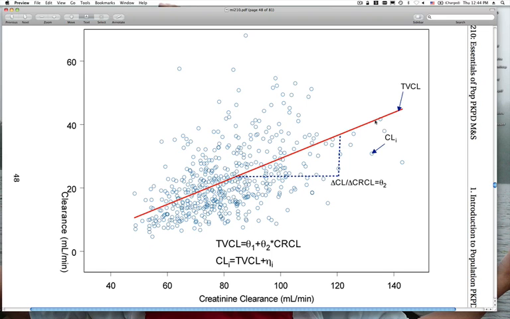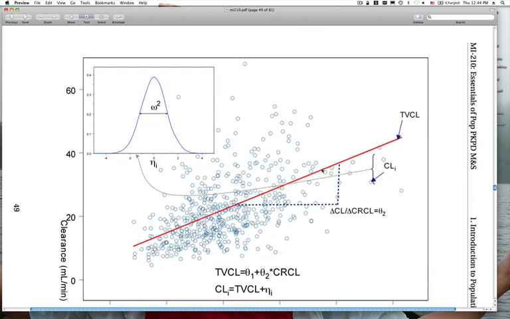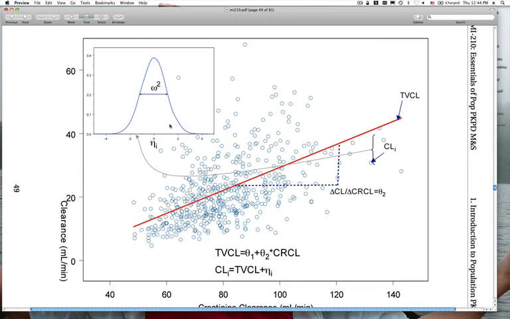And we would describe that difference as a random effect known as eta i. Go to the next slide, and you'll see that eta i is what makes this individual different from the population typical value, so that clearance for that individual is equal to the typical value plus an individual eta.